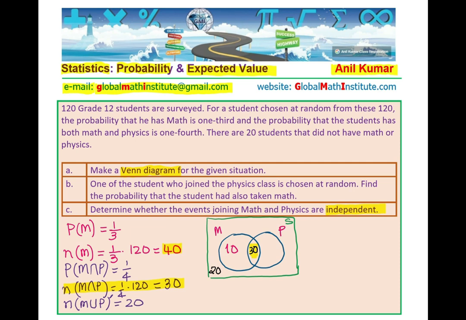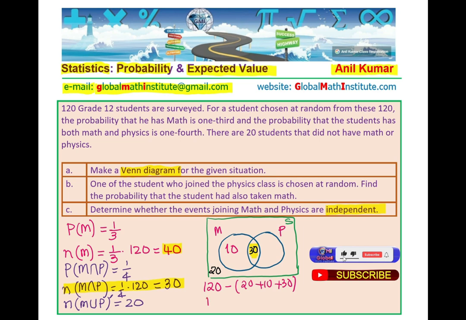Now we also know that the total is 120. So how many will be those which took only physics, right? What we should do is take away from 120 all the numbers which we have, which is 20 plus 10 plus 30, or 60, I could say. That gives you the number which is only physics.